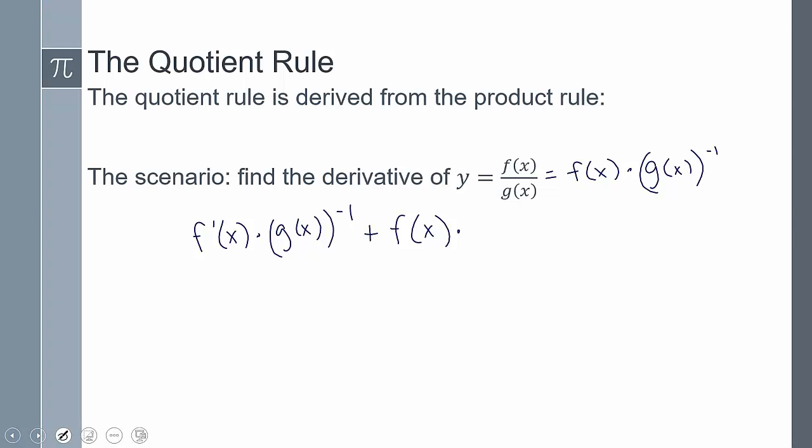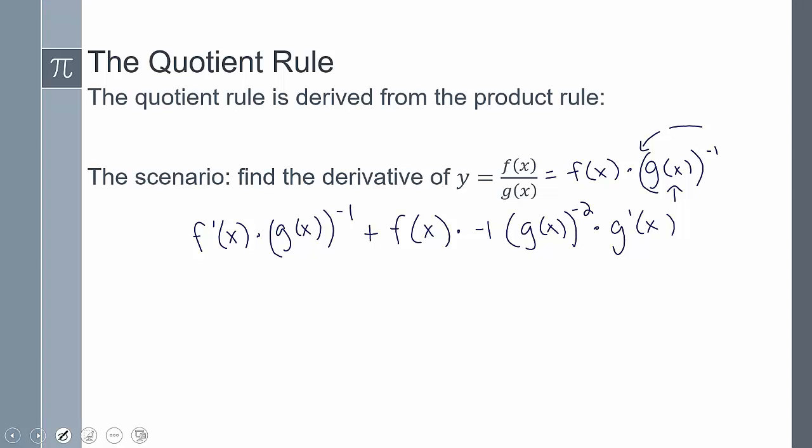The derivative of the second is going to be the chain rule: the derivative of the outside, negative 1 times g of x to the negative 2, times the derivative of the inside, g prime x.